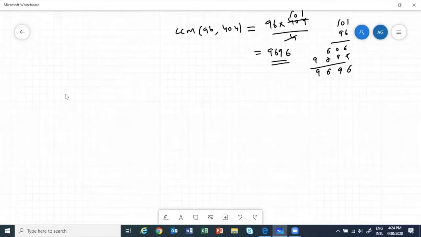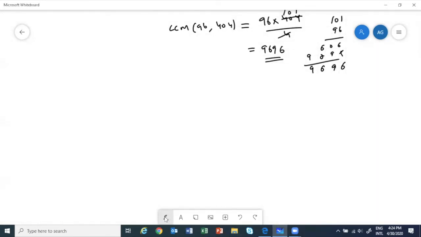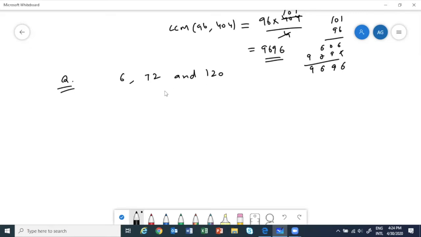Okay. So the question is we have to find HCF and LCM using prime factorization method of 6, 72 and 120. Correct? Let's find. So what happens? 6 can be written as 2 into 3.